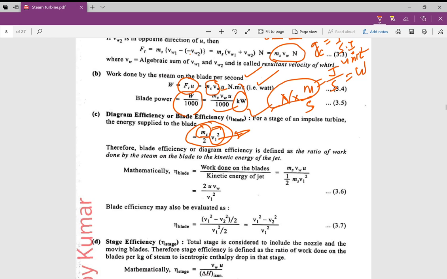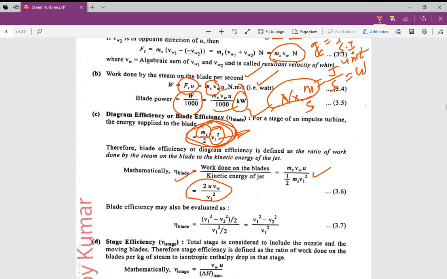That's why it is written ms upon 2, V1 square. This will come in the denominator while calculating efficiency. So work done on the blade divided by kinetic energy of jet: ms Vw u upon half ms V1 square. So it comes like this.